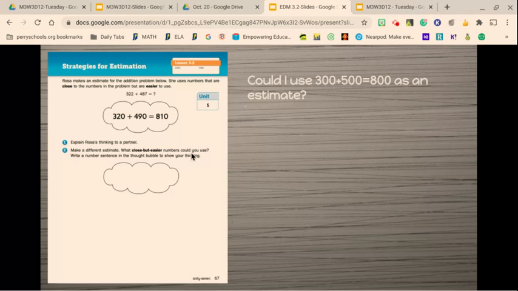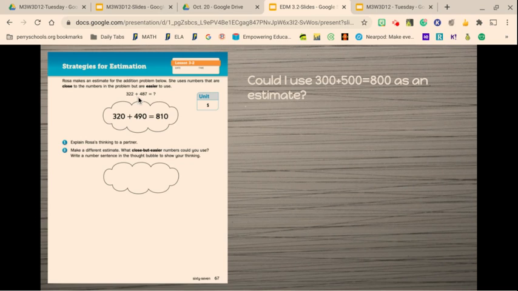Right in the middle would be 350. So everything to the left of 350 or before 350 is going to stay at 300. Everything to the right of 350 or greater than 350 is going to be 400. So 322 is closer to 300. So I'm going to use 300 as one of my numbers here.